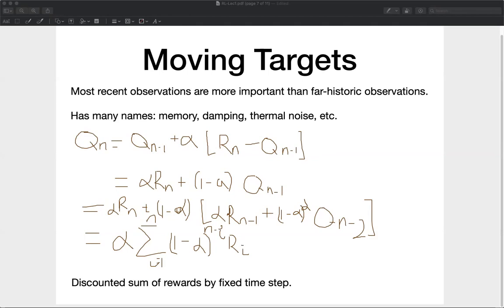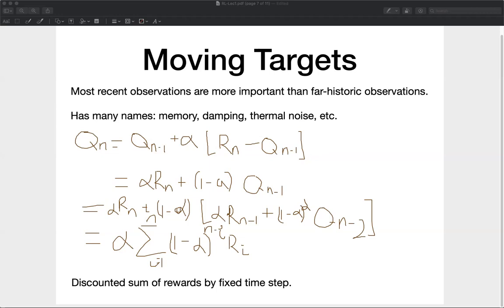So q_n is just going to be a term that's alpha times the previous estimate, and then you do that with this one. And so you're just going to get a bunch of r's, right? And the most recent one, r_(n-1), is going to be squared, and then the third term is going to be 1 minus alpha to the third.